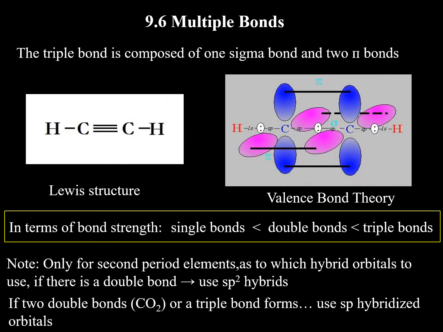So again, hopefully a nicer diagram. We have here the C2H2 Lewis structure, which is composed of 1 sigma bond, 2 sigma bonds, 3 sigma bonds, so 3 sigma bonds, and 2 pi bonds, above and below the plane and in and out of the plane.